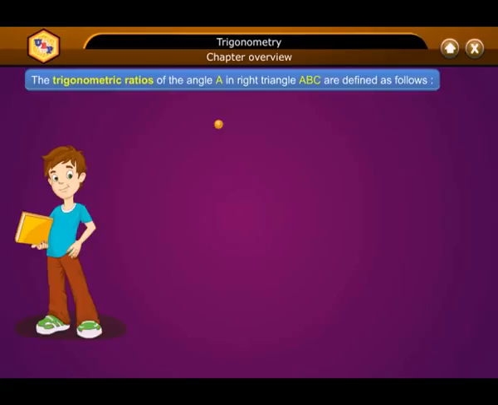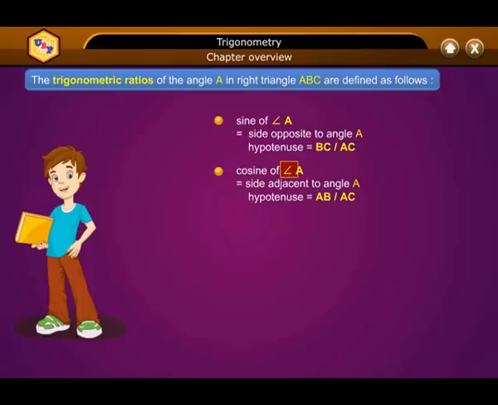1. Sine of angle A is equal to side opposite to angle A upon hypotenuse, which is equal to BC upon AC. 2. Cosine of angle A is equal to side adjacent to angle A upon hypotenuse, which is equal to AB upon AC. 3.